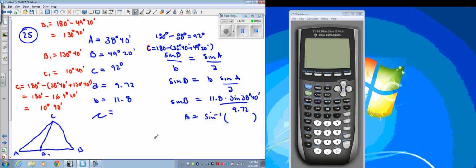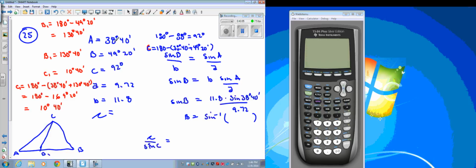So to do this C, what we're going to use is sine of C over C. And then we want to use the stuff that was given to us. The A was given to us, right?